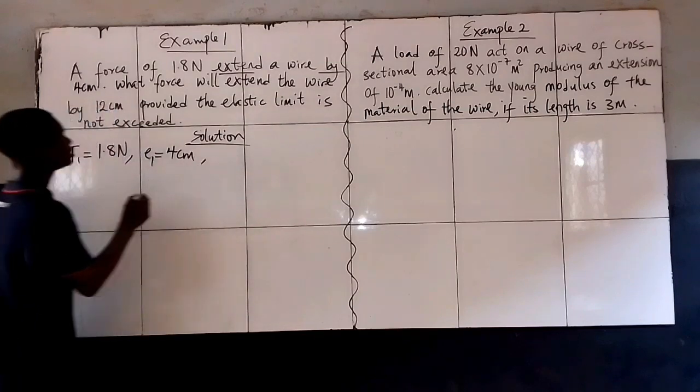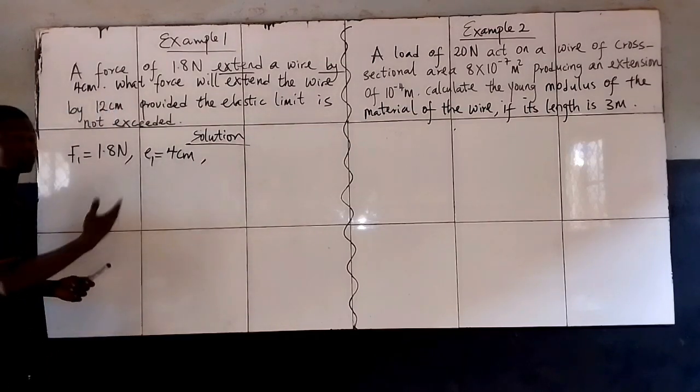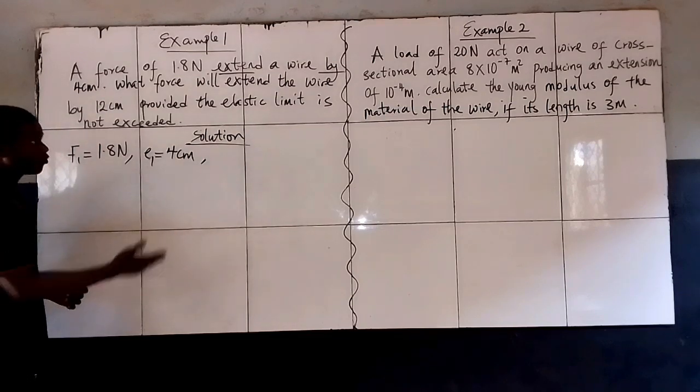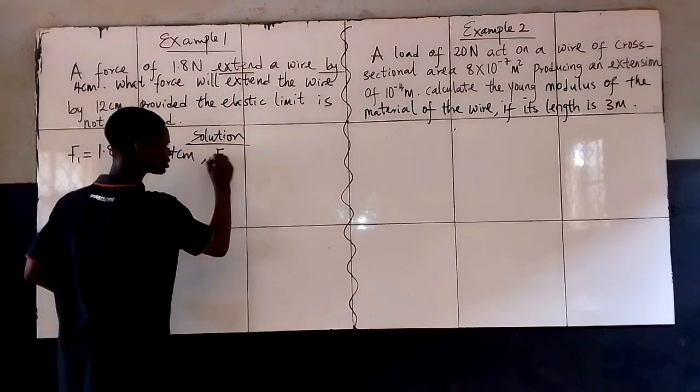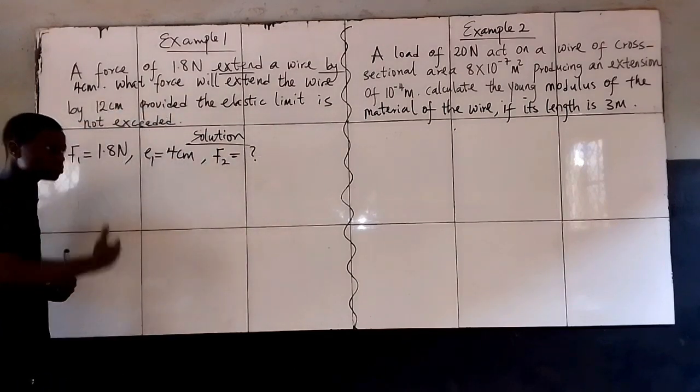Then we continue. They said what force? That is to say the second force is unknown. The second scenario force is unknown, so we present it as F2, unknown, because that's the question.